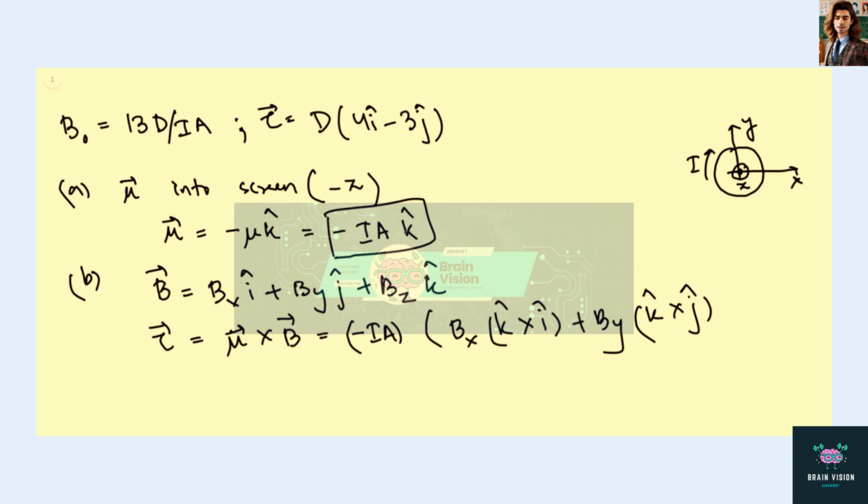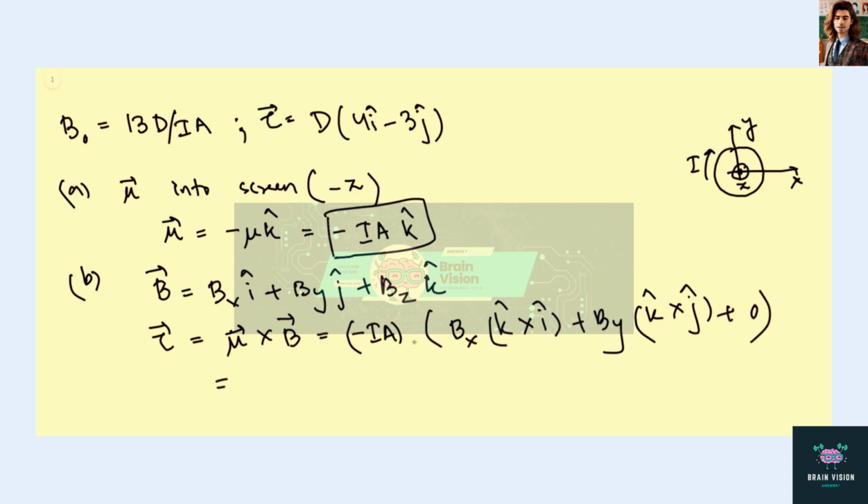Because the cross product of a vector with itself is basically 0, because they are parallel, so they're in the same direction, so that is 0.